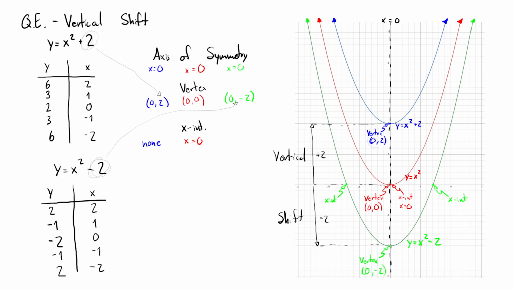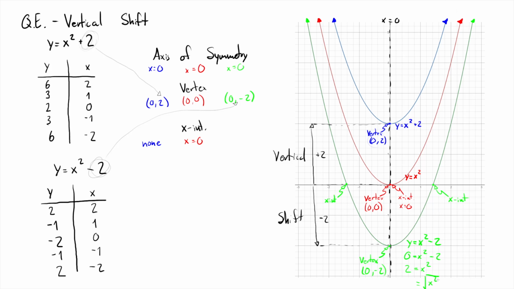Well, it happens at y equals 0. So what you would do is you would substitute into the equation y equals x squared minus 2. You'd substitute in a 0 where the y is, and you would get 0 equals x squared minus 2. And if we solve that, we'll go 2 equals x squared, and then we'll take the square root of both sides.